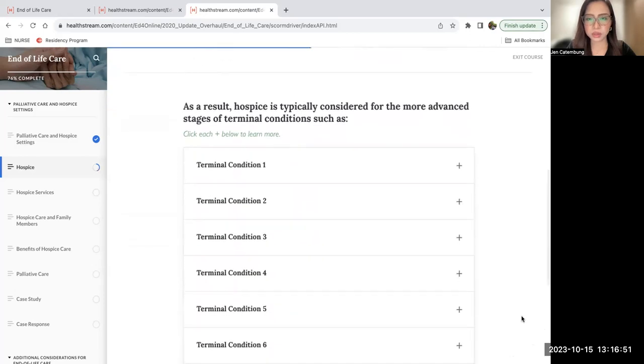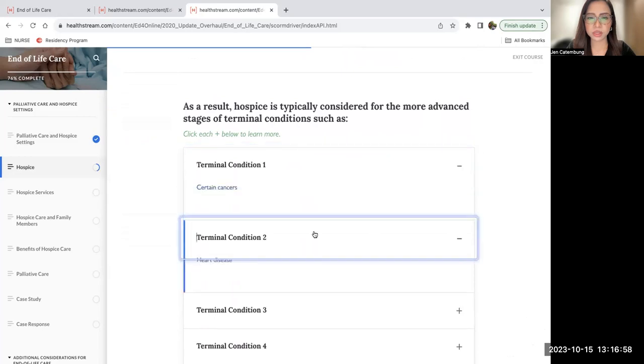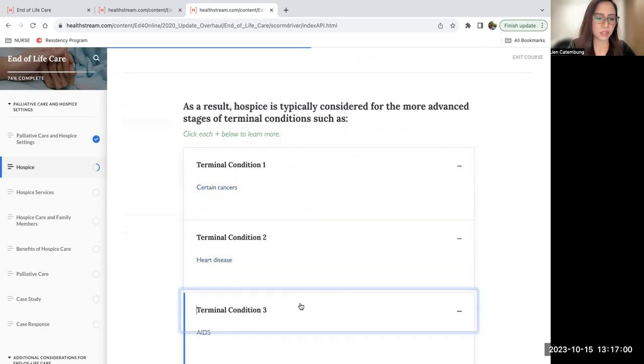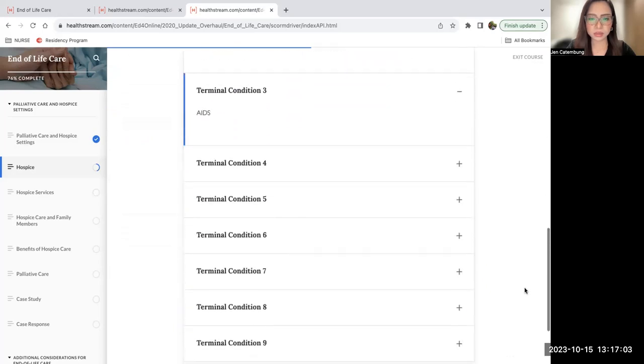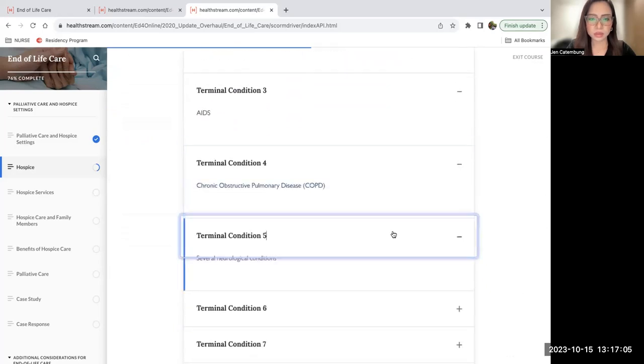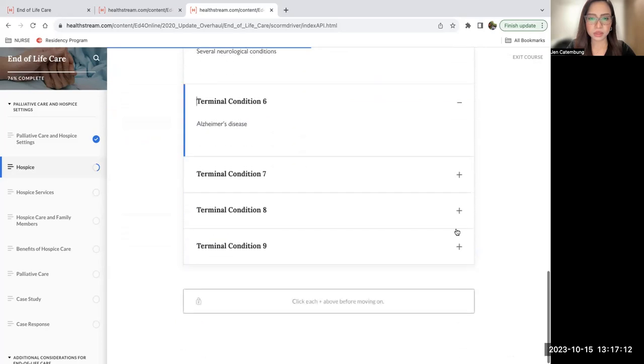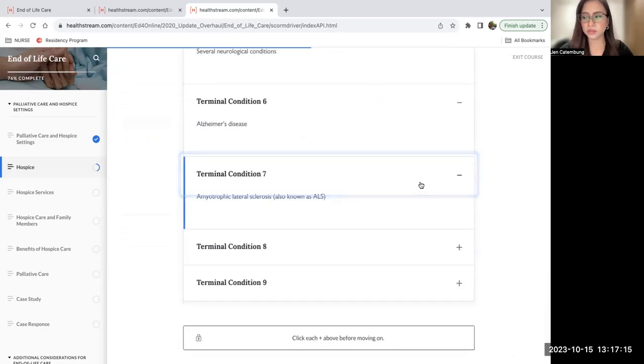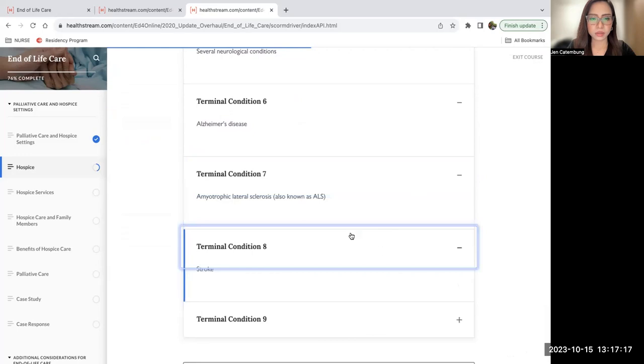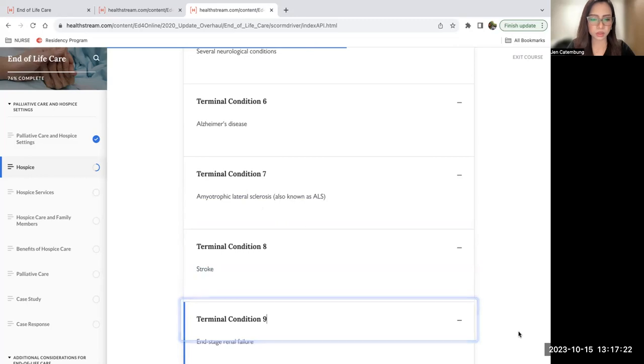As a result, hospice is typically considered for the more advanced stages of terminal conditions such as certain cancers, heart disease, AIDS, chronic obstructive pulmonary disease, several neurologic conditions, Alzheimer's disease, amyotrophic lateral sclerosis, also known as ALS, stroke, and end stage renal failure.